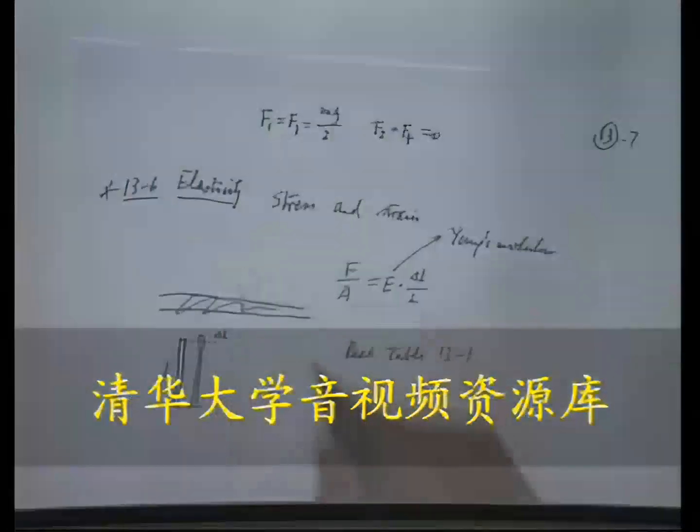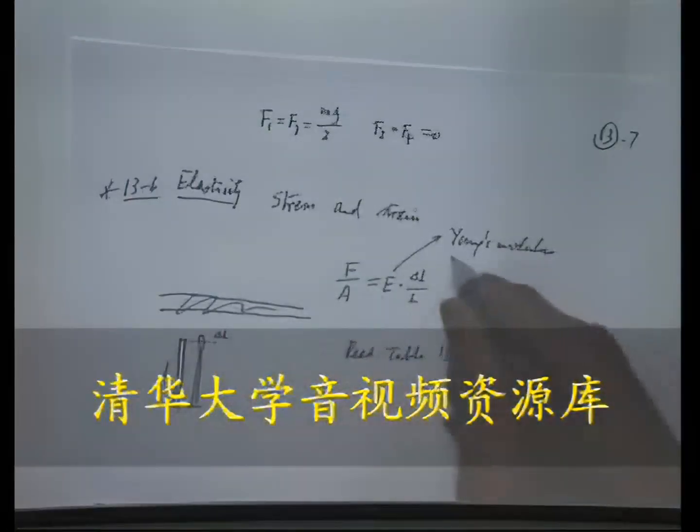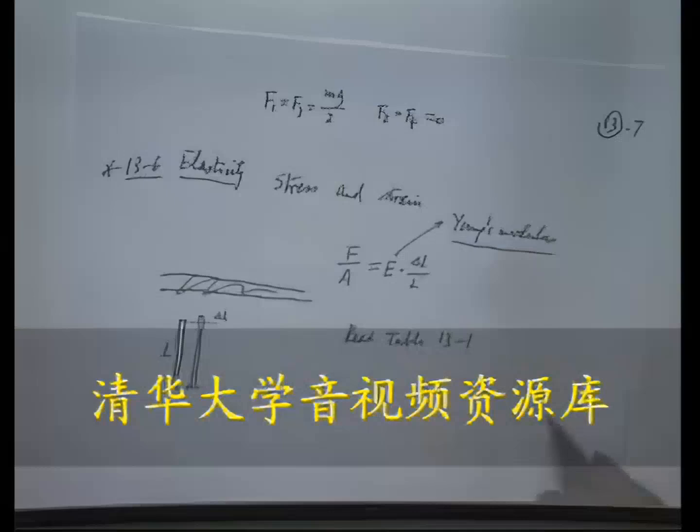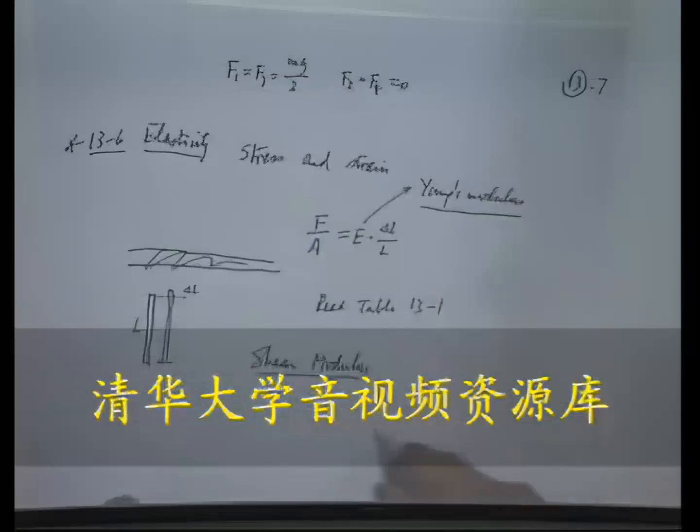Now, another one is the shear modulus. If you have a block with a length L, instead of stretching it or compressing it, you can shear it by making it move this way.